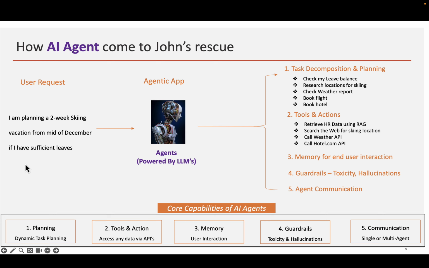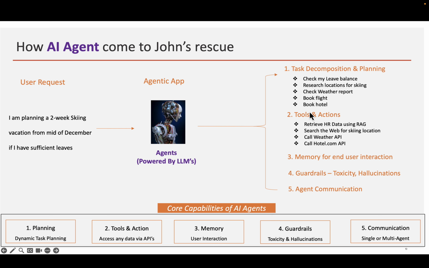You just give a complete prompt, but your agent should be able to divide that whole prompt into multiple tasks and understand what it has to do. It has to check your leave balance, research the location for skiing, check the weather report, and book the flight and the hotel. Everything the agent should be able to do.